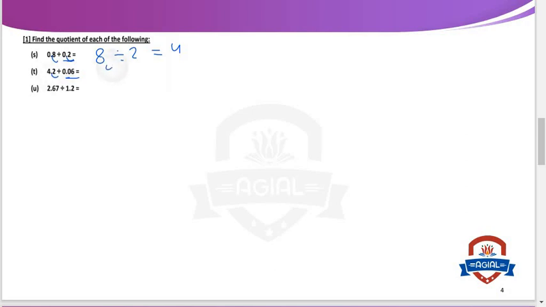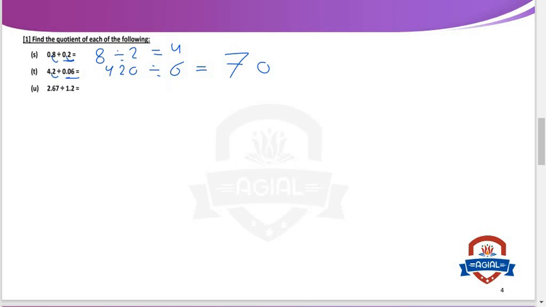Excellent, but 0. So it equals 420 divided by, if we multiply 0.06 by 100, it becomes 6. The decimal point moves to the right 2 digits. 420 divided by 6. At first we put 0, and 42 divided by 6 equals what? Yes, equals 7. So the result is 70.